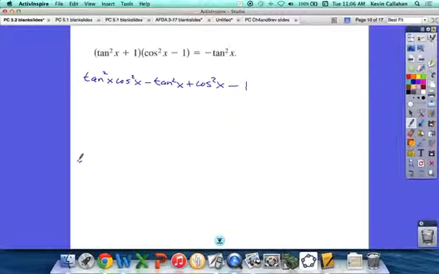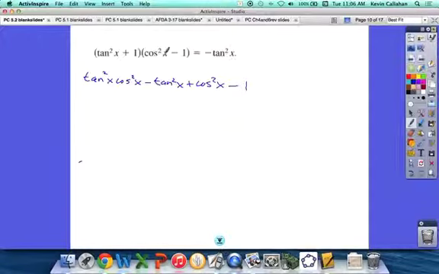What's a good next step? Okay, so he's saying, how about instead of that, we would just substitute tan squared plus 1 is secant squared. Okay, then what would you do with the cosine squared minus 1? Negative sine squared.